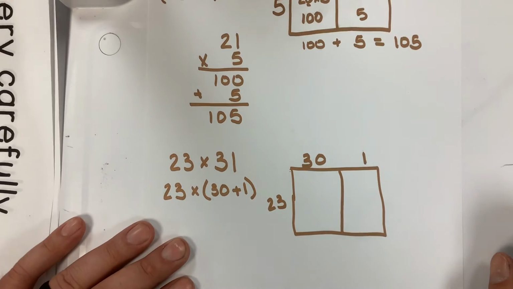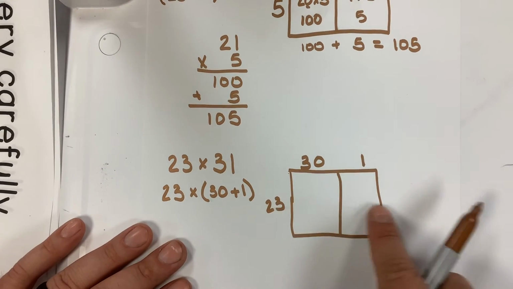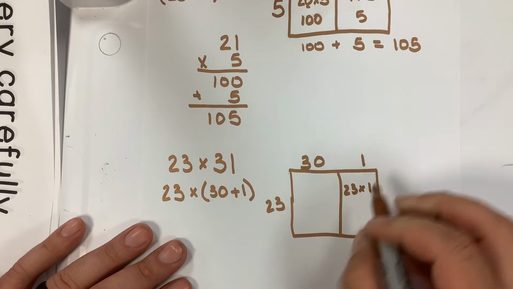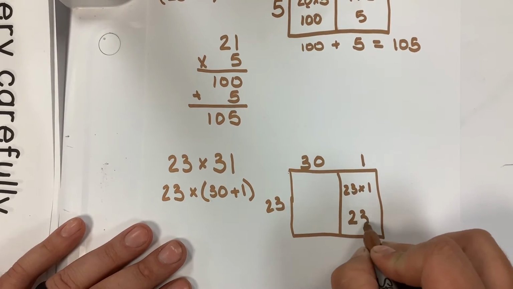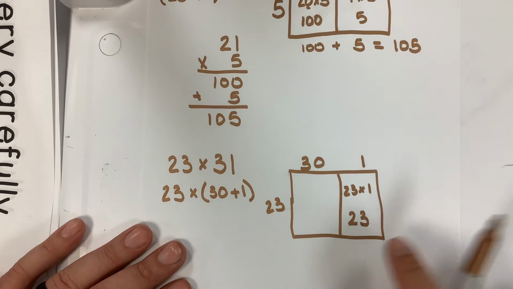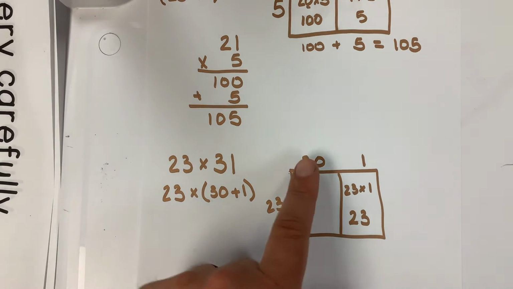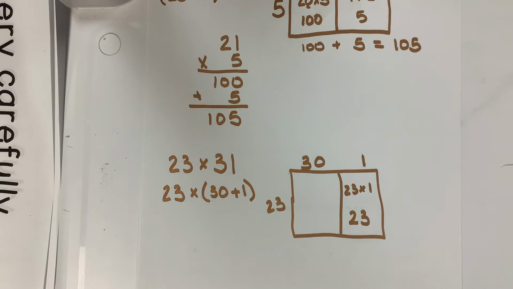Well, let's go ahead and multiply the easy one first. We have 23 times 1. That gives me 23.